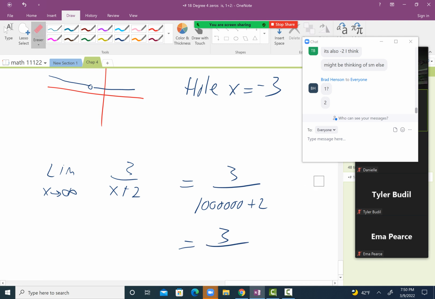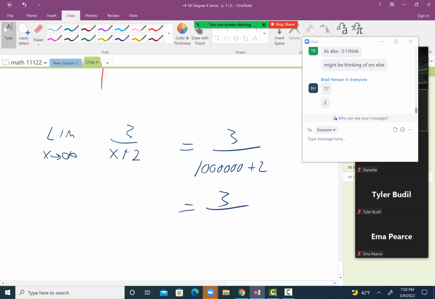If I put 1,000,000 and 2 down here, then this is getting real close to 0, because that number on the bottom is so big. If I put in decimals, it's probably going to say 0. So that's one way you can tell, by simply putting a super large number in and seeing what happens.